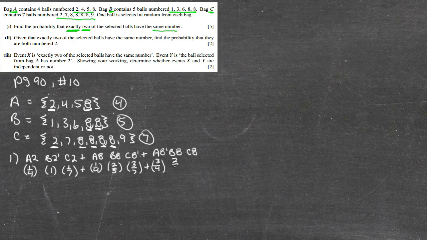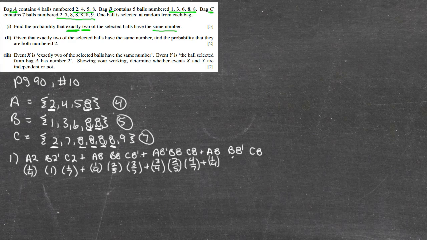For example, in A, there are 3 that don't have an 8. So then we take those. Now we look for any other possible ways to get 8s to match. If A has an 8 and B does not have an 8 and C does, then we still have 2 8s.